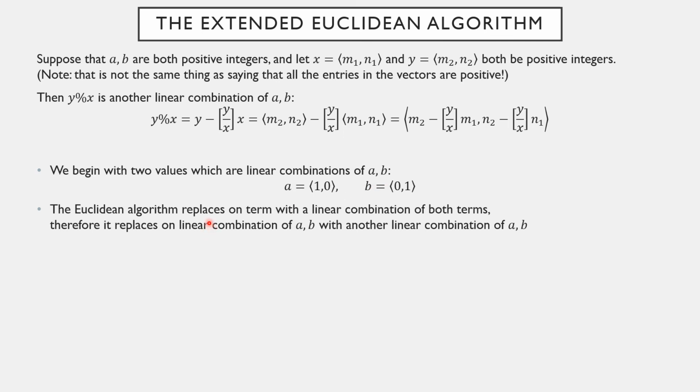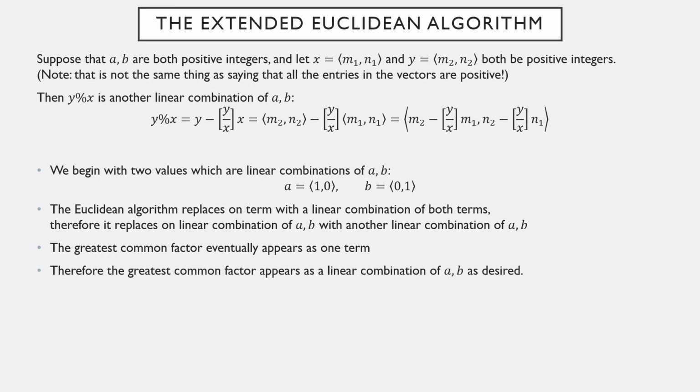The Euclidean algorithm says instead of computing the GCD of a and b, instead compute the GCD of a remainder. But the remainder can be expressed as another linear combination of a and b. So the greatest common factor eventually appears as a single term.